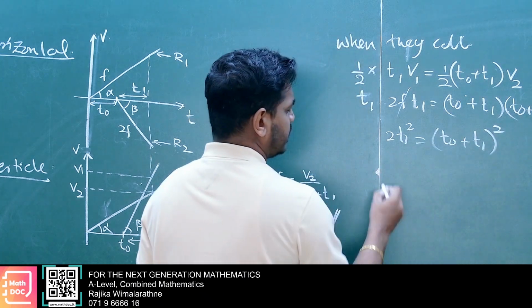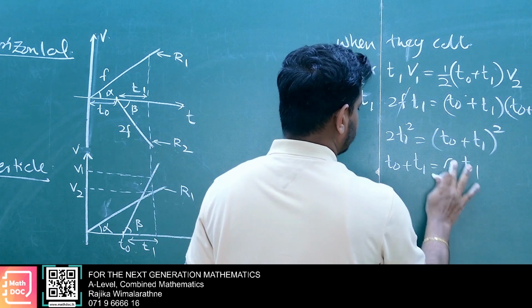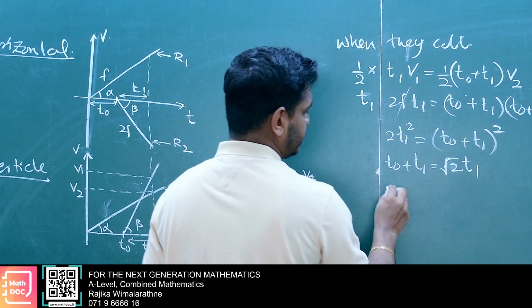Now you have to take the square root on both sides. T0 plus T1 equals root 2 T1. No need to put plus or minus because time is always positive.